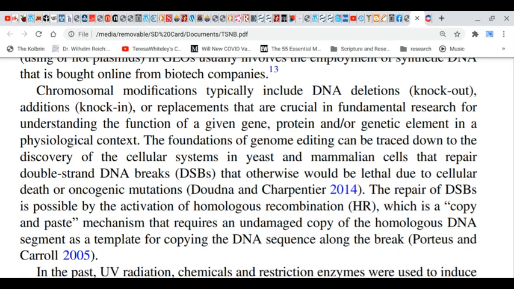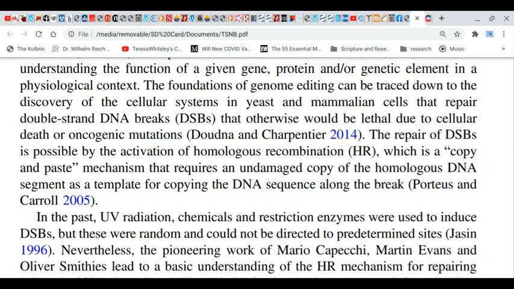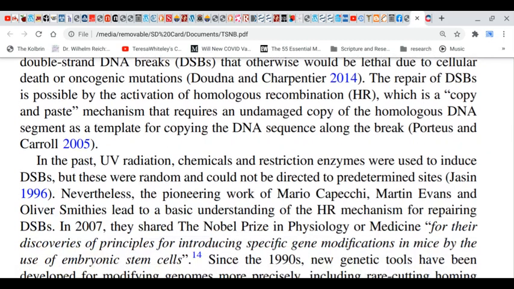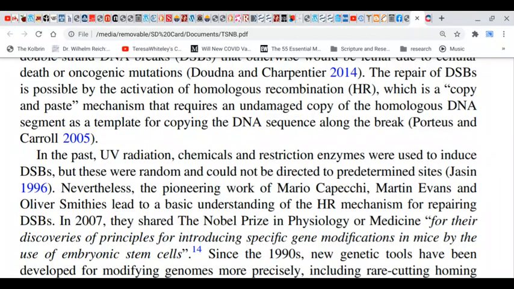The repair of DSBs is possible by the activation of homologous recombination, which is the copy and paste mechanism that requires an undamaged copy of the homologous DNA segments as template for copying the DNA sequence along the break. In the past, UV radiation, chemicals, and restriction enzymes were used to induce double-stranded breaks, but these were random and could not be directed to predetermined sites.